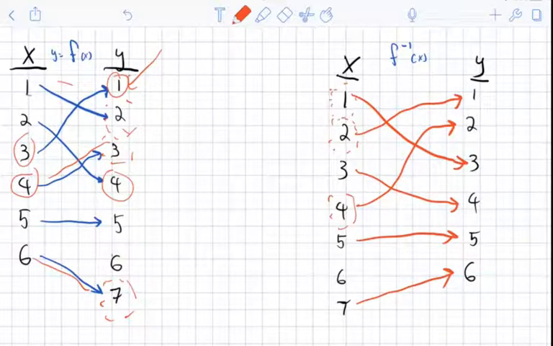Now, I mentioned essentially we're just switching the sides of the column we're looking at, and that's definitely what's going on. But I mentioned domain and range earlier. Let's talk about how this affects the domain and range, because the domains and ranges are going to be two similar sets of numbers here.